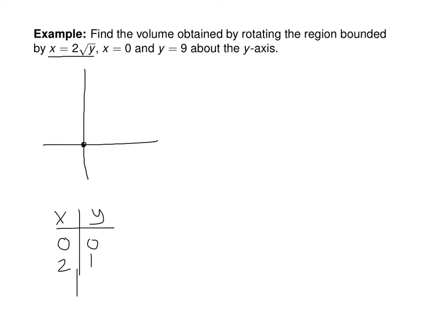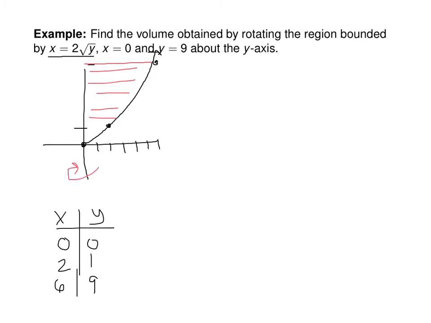And if we put in 9 for y, we get 6 for x. So roughly speaking, we have something like this. And we're going to rotate this region about the y-axis.